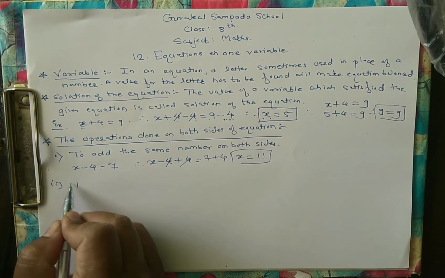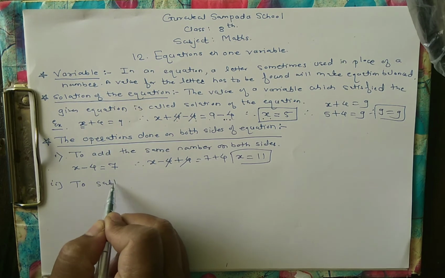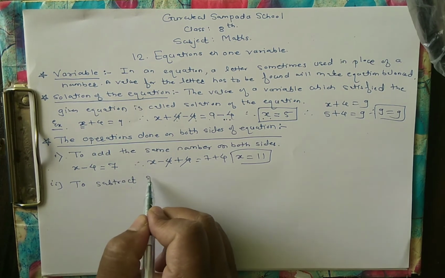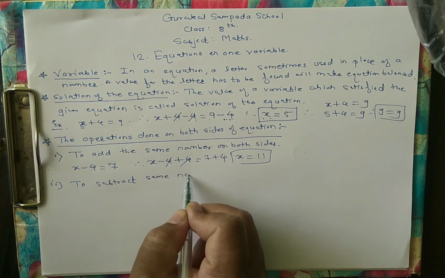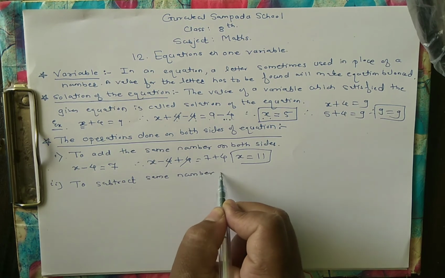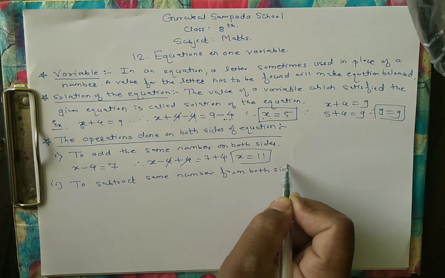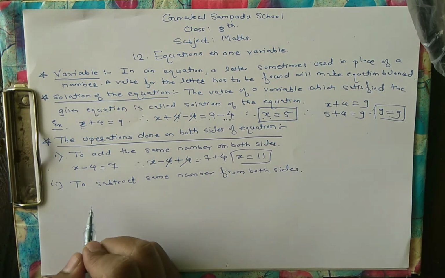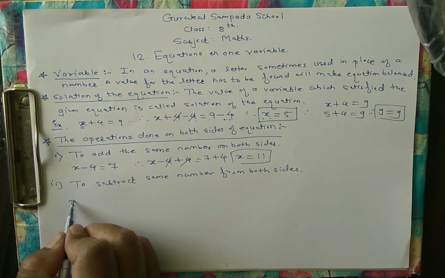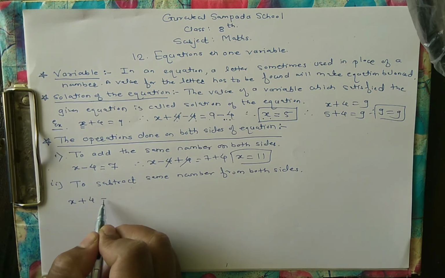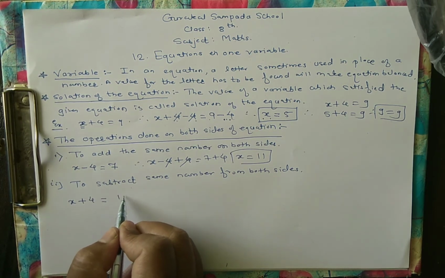Second is to subtract the same number from both sides. Let us consider one more example: x plus 4 is equal to 10.